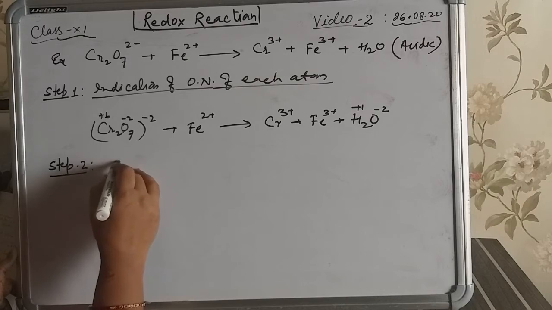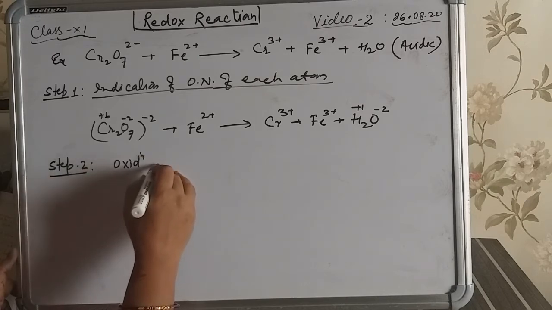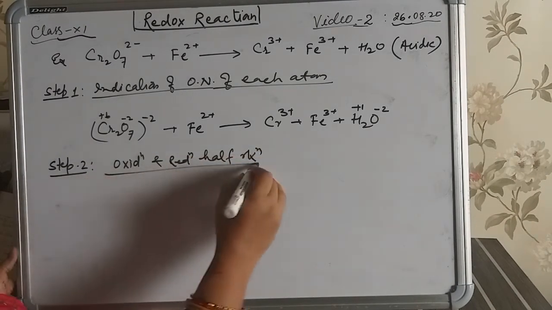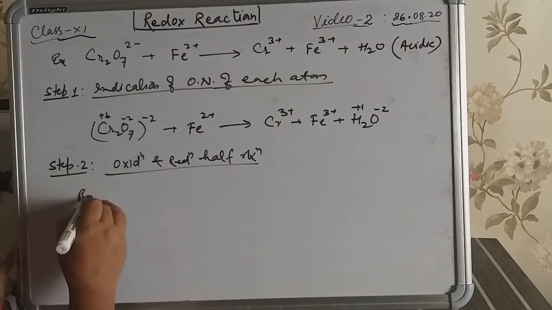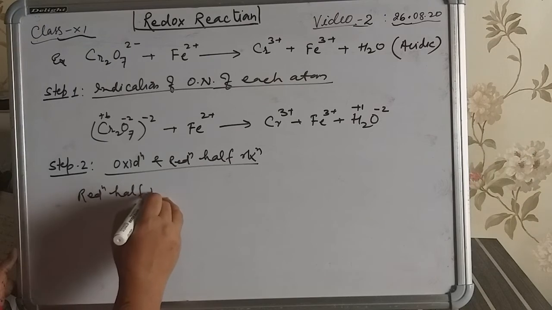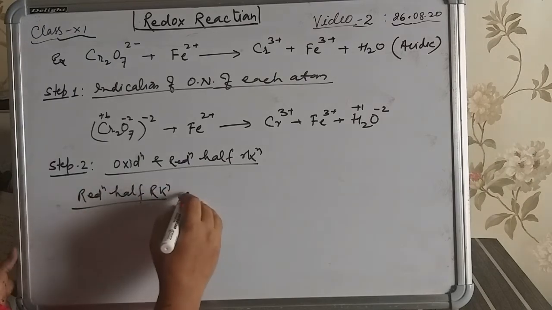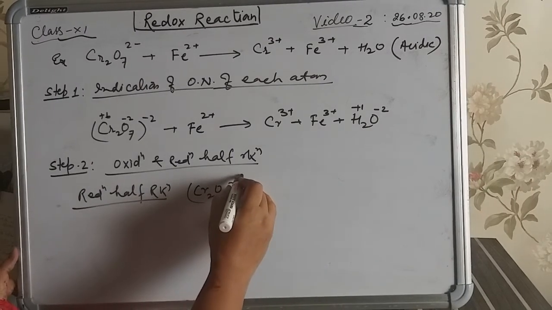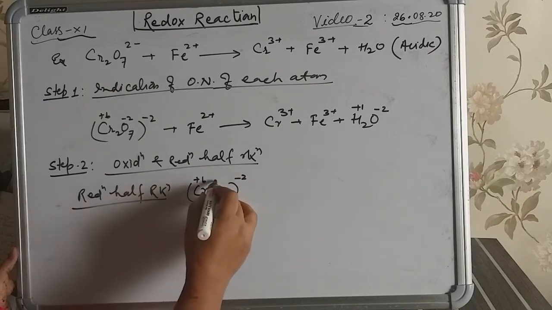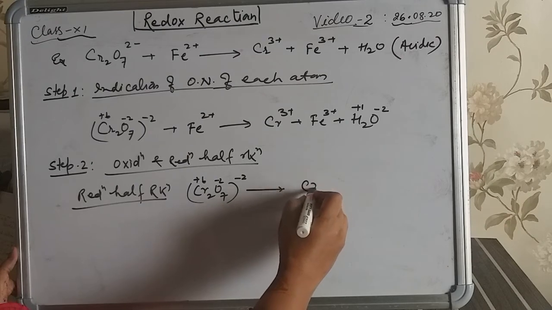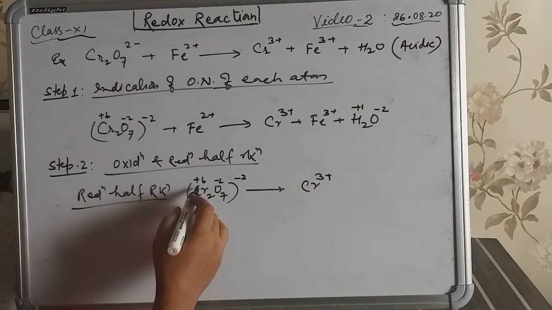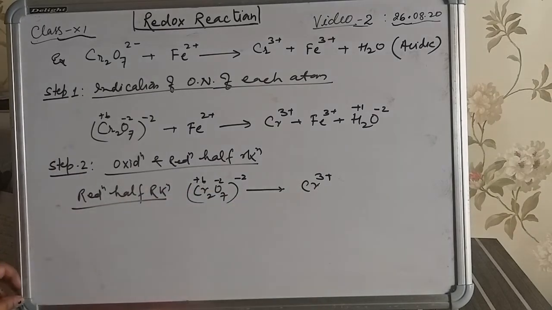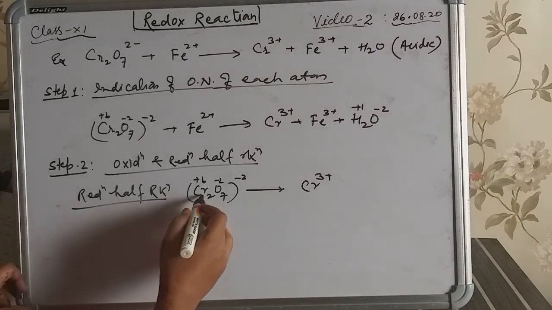In Cr2O7 2 minus, chromium goes from plus 6 to plus 3, so there is a decrease of oxidation number. This is the reduction of chromium.